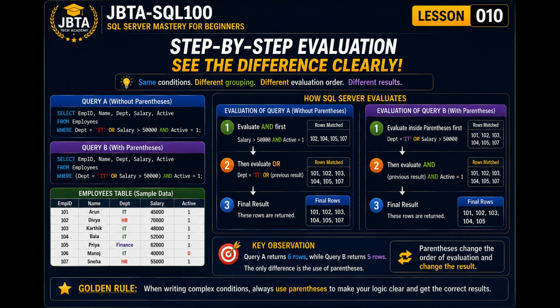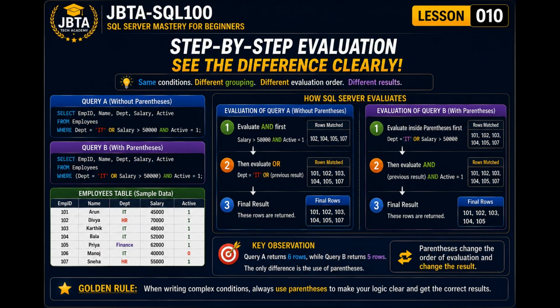Now let's see exactly how SQL Server evaluates a query step by step. This is where everything starts to make sense. Instead of looking at the entire query at once, let's break it down into smaller steps. When SQL Server receives a query with multiple logical operators, it follows its predefined evaluation order. The first step is to evaluate the not condition.